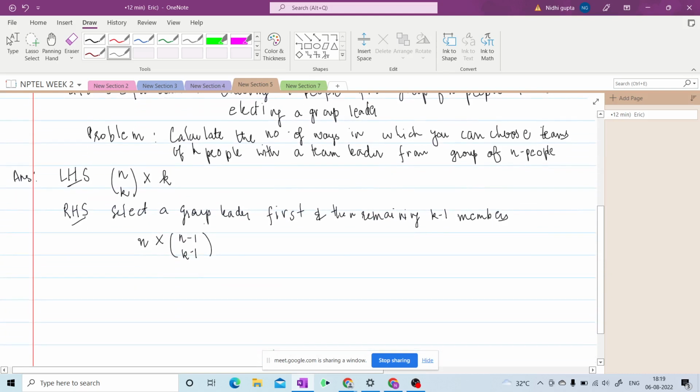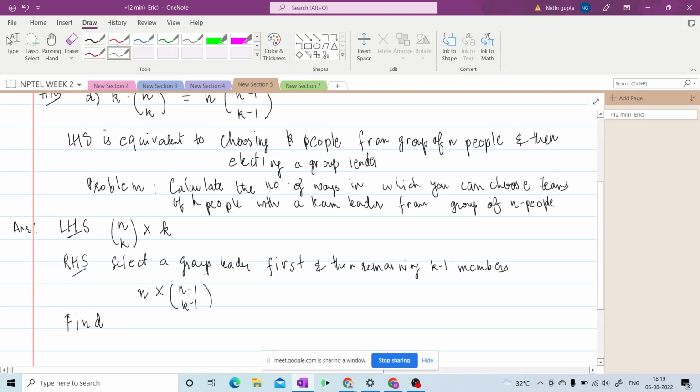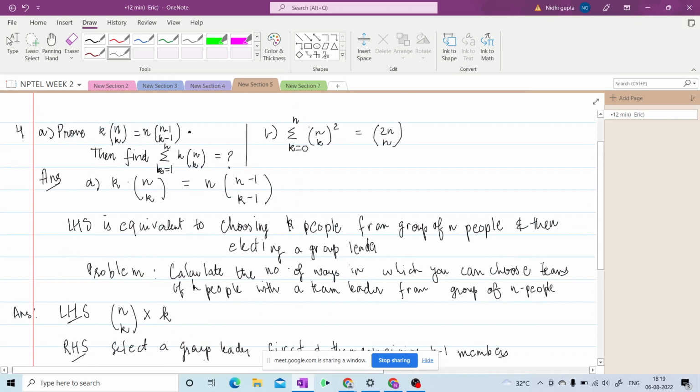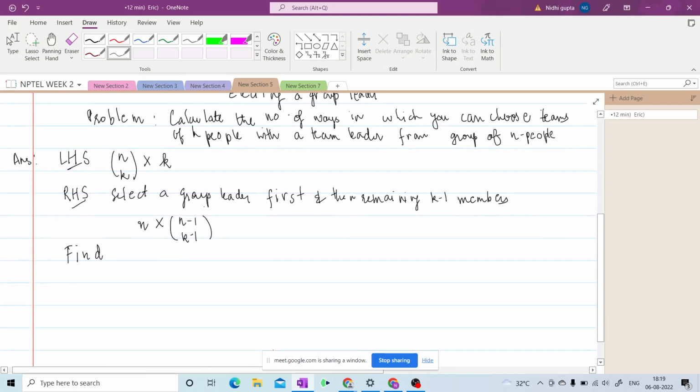Now, once we have this trick, can we find this sum, k times n choose k? First of all, convert this term into a combinatorial problem.